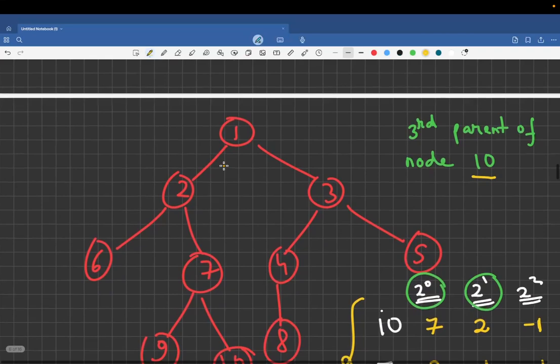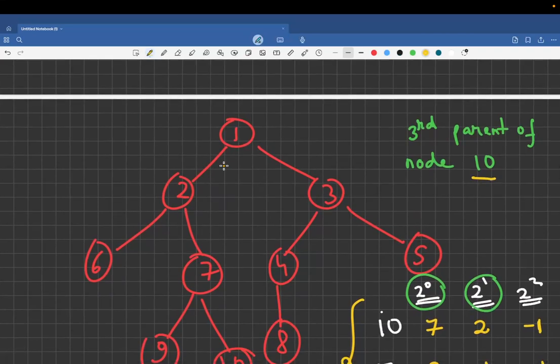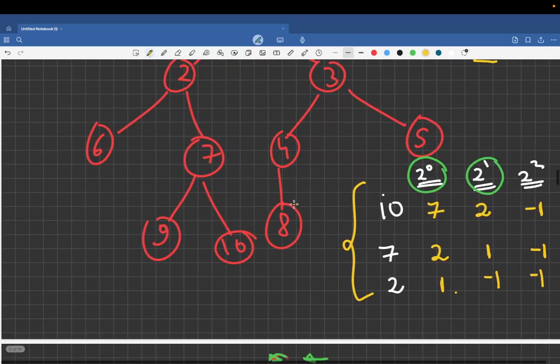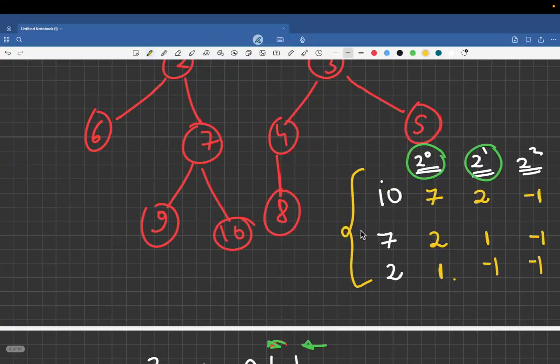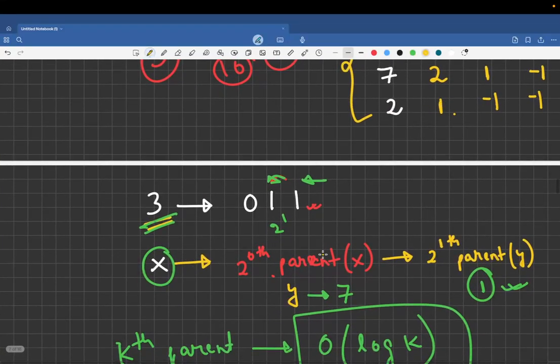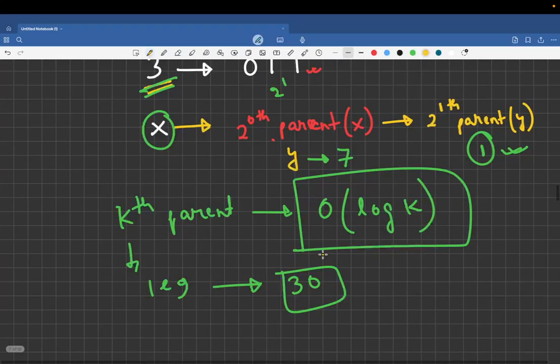This problem is actually the exact implementation of binary lifting. We are computing 2 power jth parent and finding the kth parent for a particular node. This concept is very, very important even for problems of least common ancestor, and definitely we will look at it when we make solutions for trees as well.